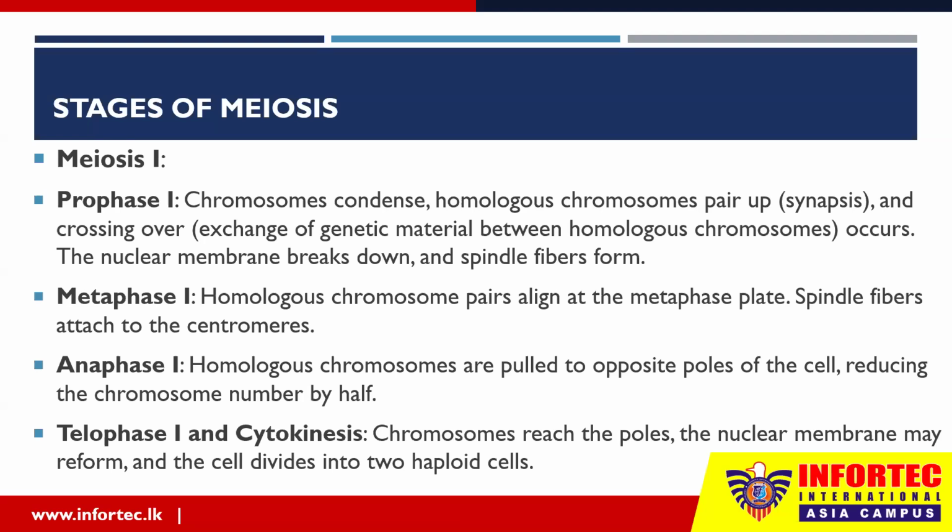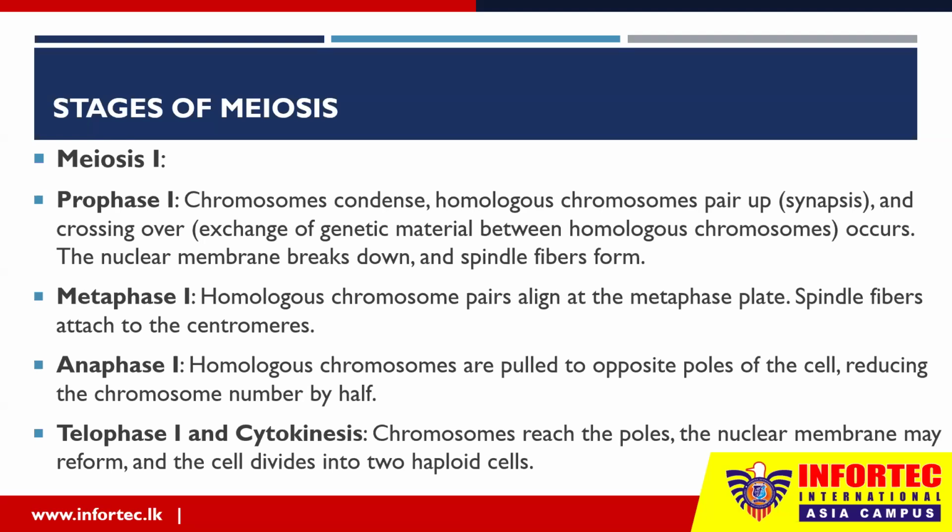In telophase 1, what happens? Now we have only one set of 23 on either side. A set of 23 is at the North Pole, and another 23 chromosomes at the South Pole.